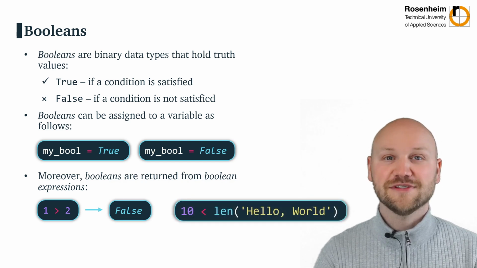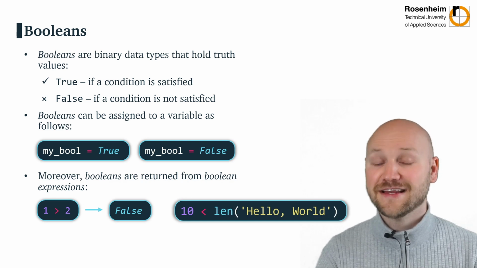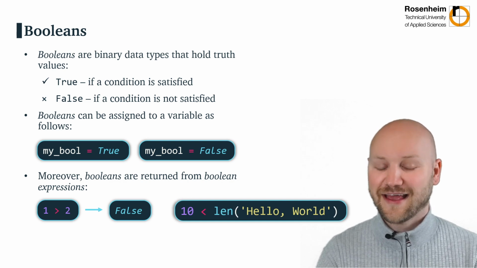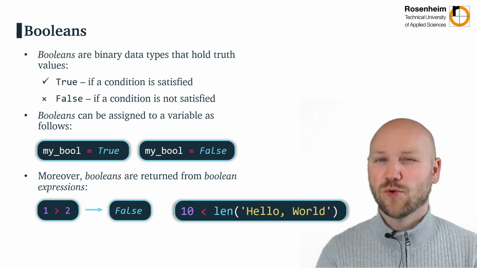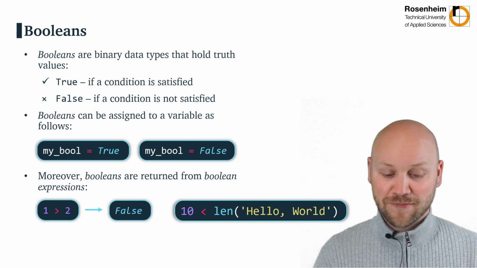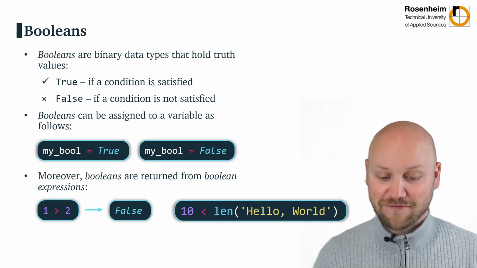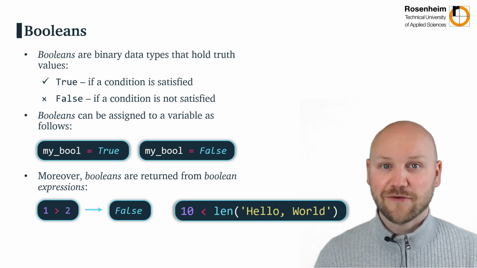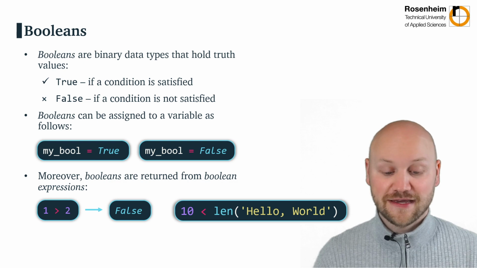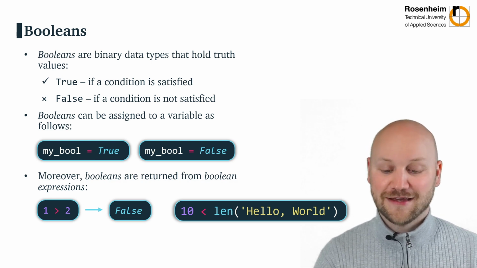There is also this kind of possibility: you write something like 10 is smaller than the length of 'hello world'. Hello world behaves in this situation like a list, so we get a length of, let me count the characters here, 5, 6, 7, 8, 9, 10, 11, 12 characters, and 12 is greater than 10, so we are getting a true here.